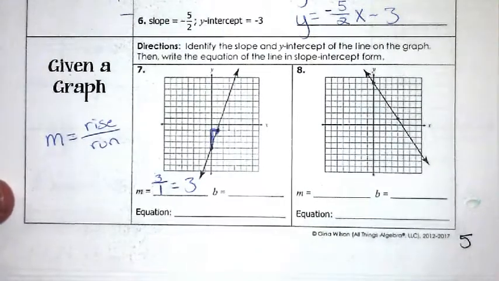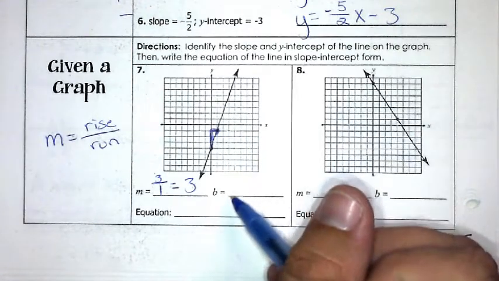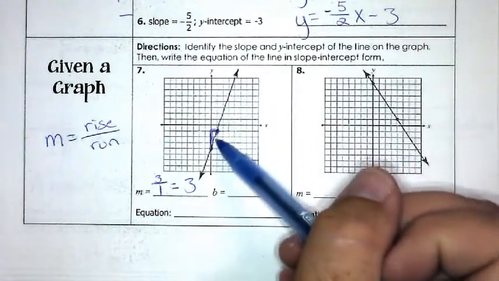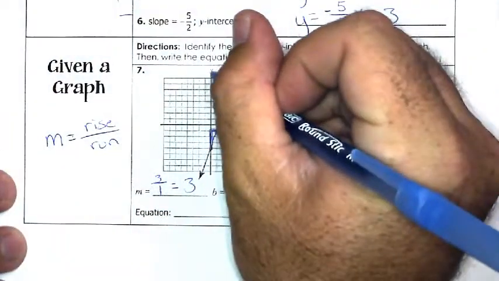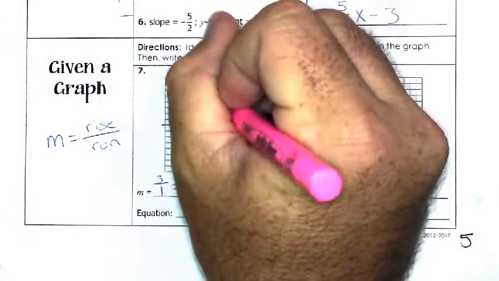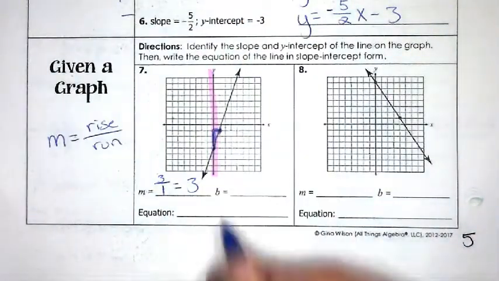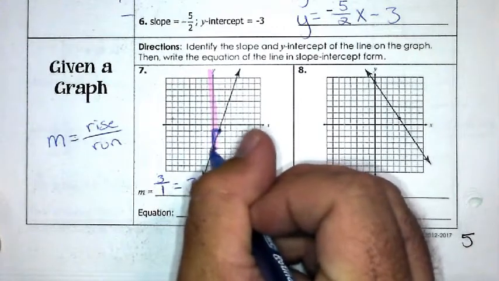The y-intercept is literally what it says. Where does the line intercept the y-axis? Here's my y-axis. I'll even do it in a different color. At what value of y does the graph cross the y-axis?